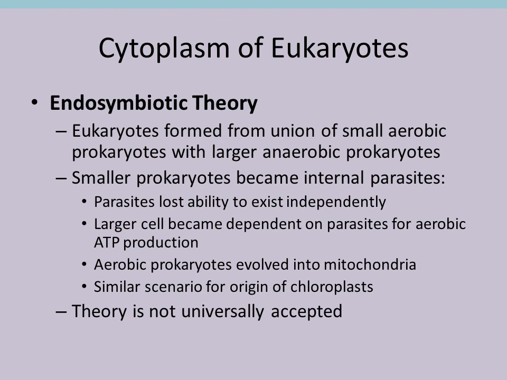The endosymbiotic theory is something that comes up when we talk about eukaryotes versus prokaryotes. The eukaryotes are newer from an evolutionary standpoint than the prokaryotes. Prokaryotes were here first. Prokaryotes are smaller, eukaryotes are larger.